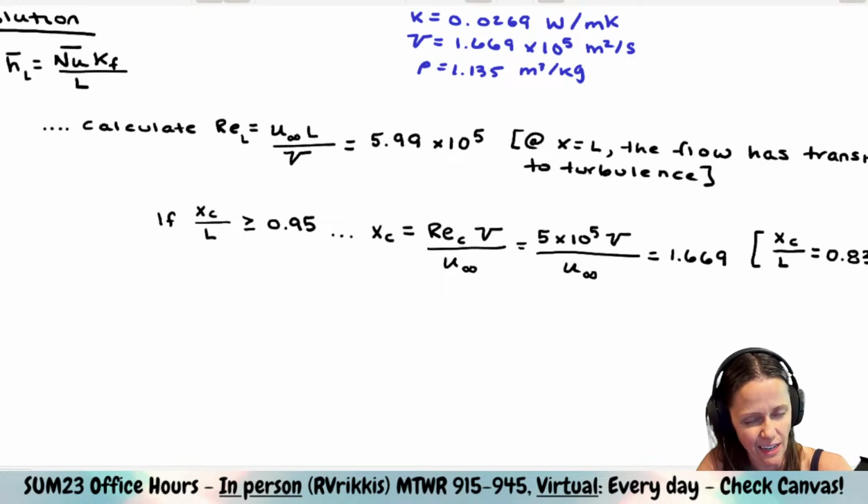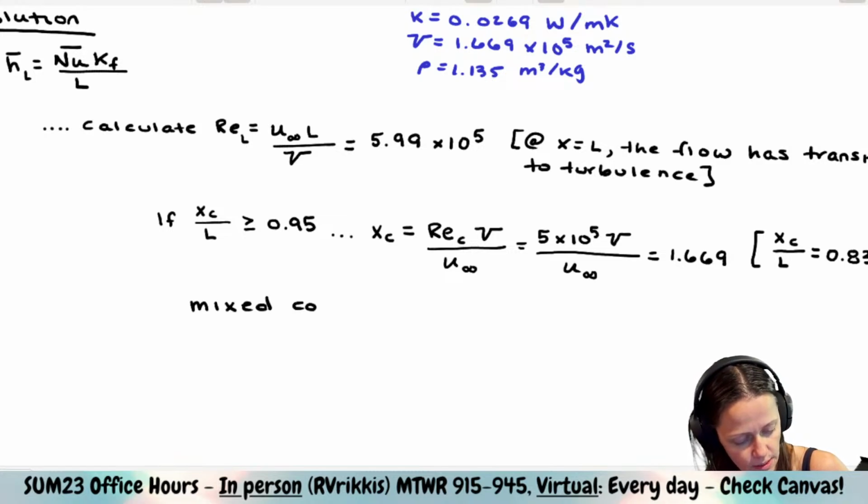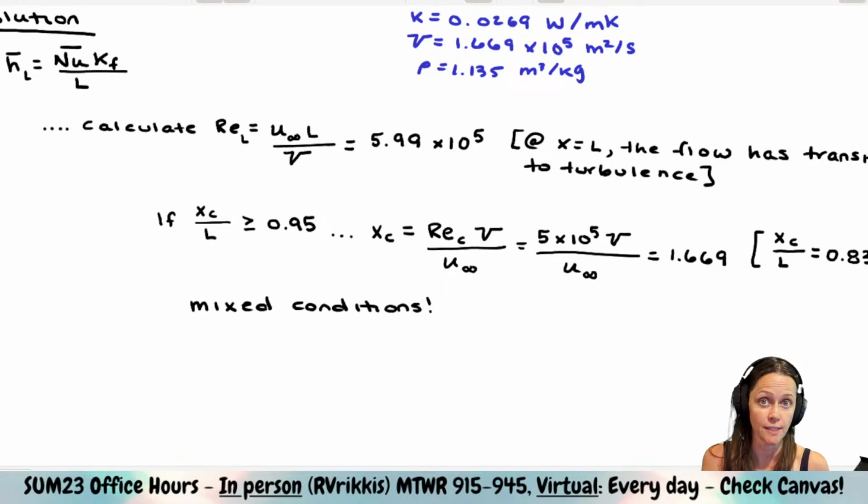So I can't really say it's mostly laminar; it's mixed conditions. We have to consider that there is a region of laminar flow and turbulence.